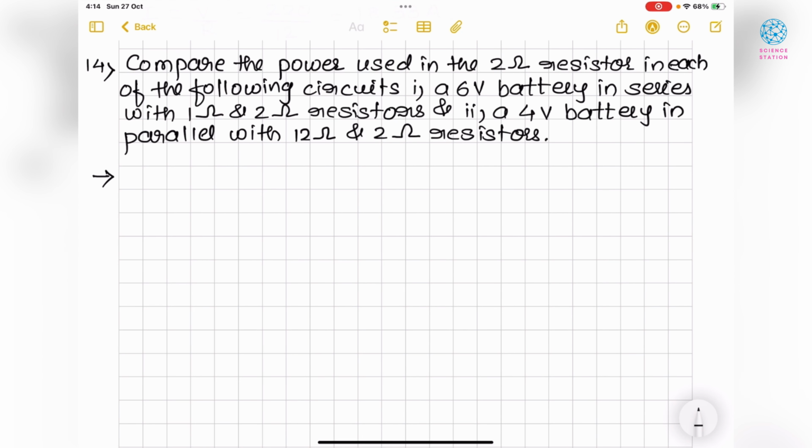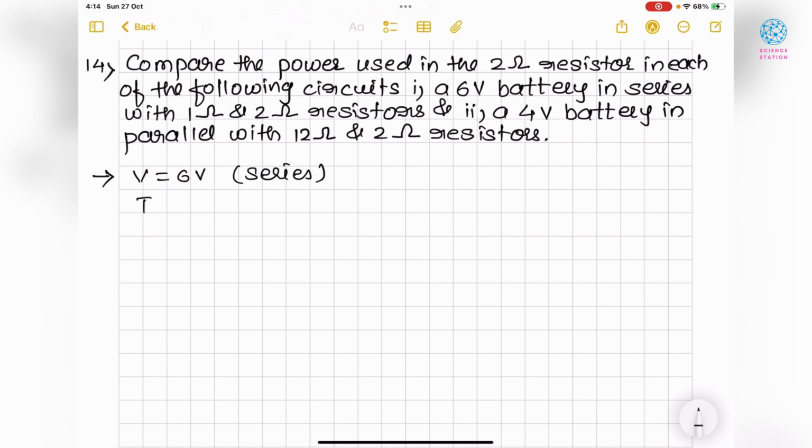Next question says compare the power used in the 2 ohm resistor in each of the following circuits. A 6 volt battery in series with 1 ohm and 2 ohm resistors, and second a 4 volt battery in parallel with 12 ohm and 2 ohm resistor. So first V equal to 6 volt in series.